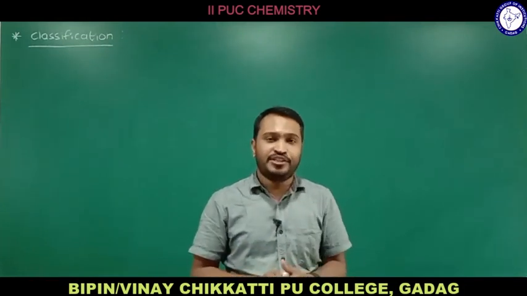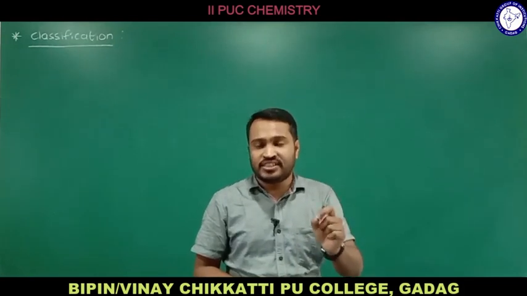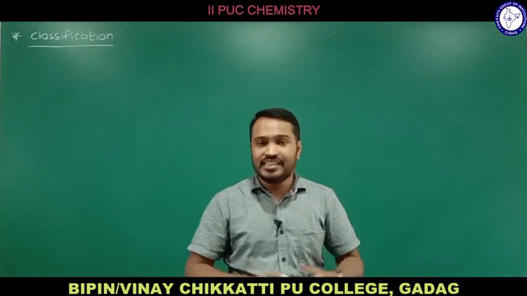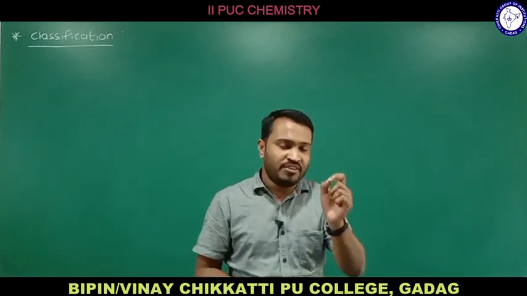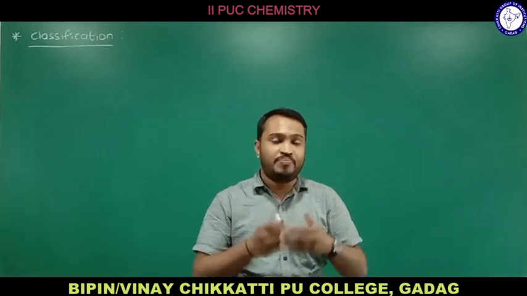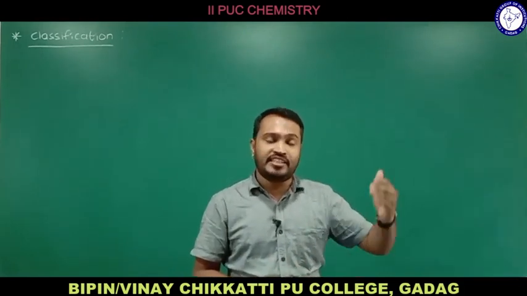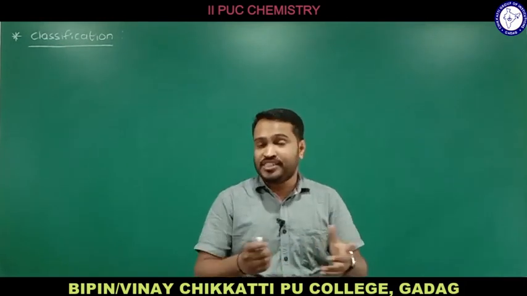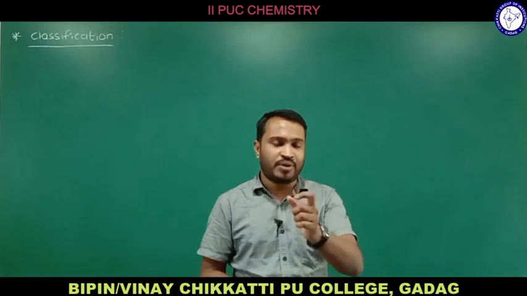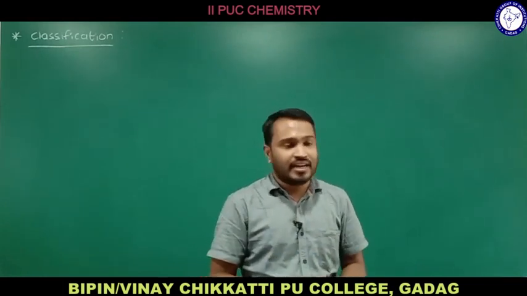The classification of amines depends on the number of hydrogen atoms replaced by alkyl or aryl groups. As I said, you can replace only 1 hydrogen. We can replace 2 hydrogens, or we can replace all the 3 hydrogens from ammonia, and we get respective amines. So based on this, we have 3 different types of amines. One is primary amine, the second one is secondary amine, the third one is tertiary amine.